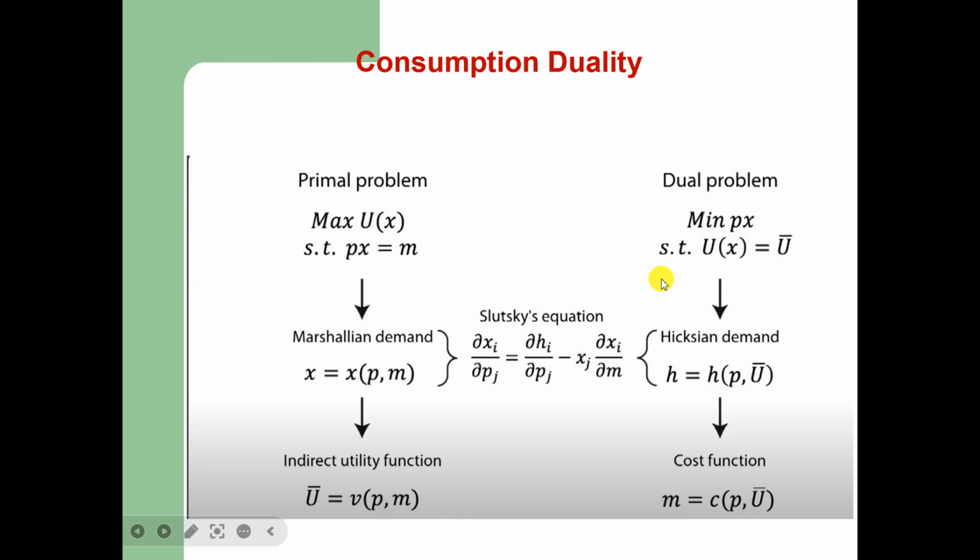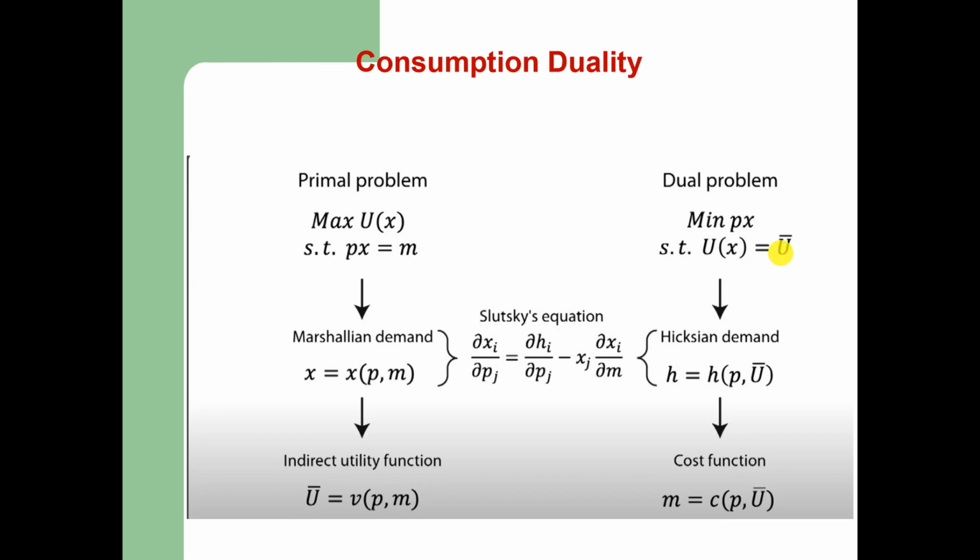On the other hand, we have the dual problem, and here the consumer wants to minimize total expenditure on goods subject to some utility target equal to u bar. That is, the utility from x should be greater than or equal to this utility level given by u bar.